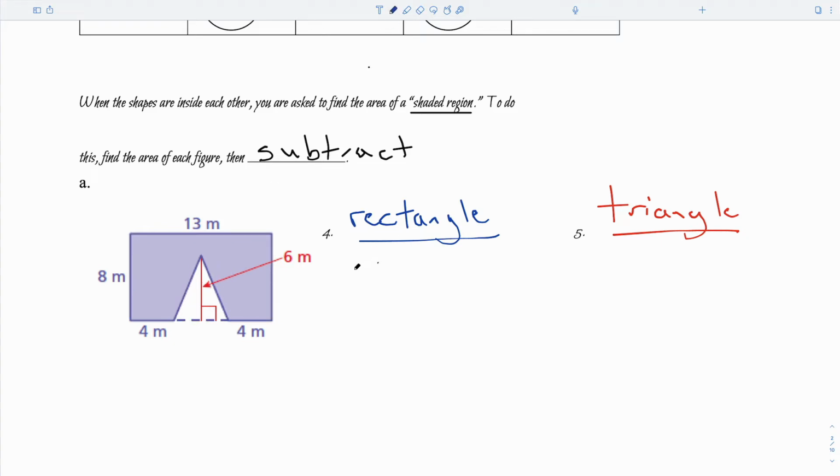So let's do length times width. What's 8 times 13? Plug it in. 10, 9, 8, 7, 6, 5, 4, 3, 2, 1. Sienna? 104. Agree, silent yes? Looks right. Okay, meters squared. Save it for later.